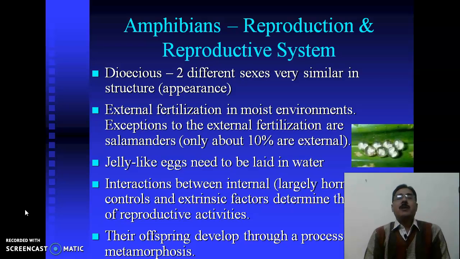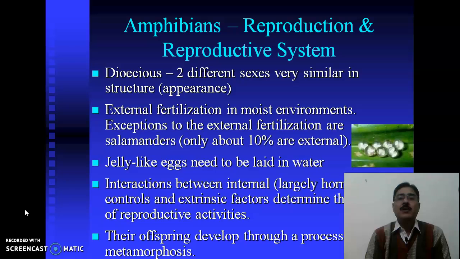As far as their reproductive system is concerned, in the case of amphibians, sexual dimorphism is there, but more or less the male and female are similar. External fertilization is a characteristic feature of amphibians, which takes place in the moist environment because they still require water for reproduction.